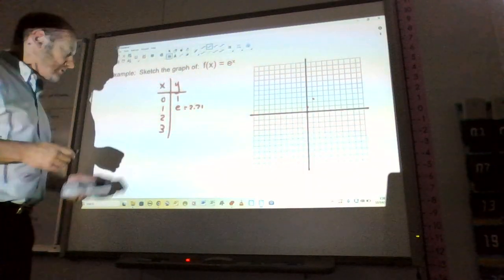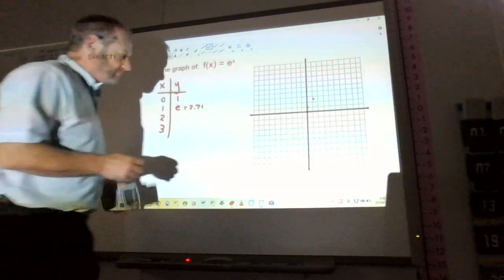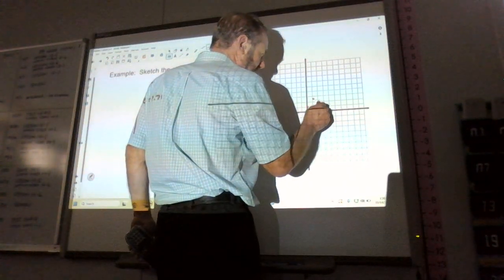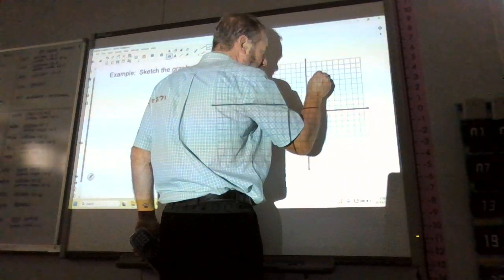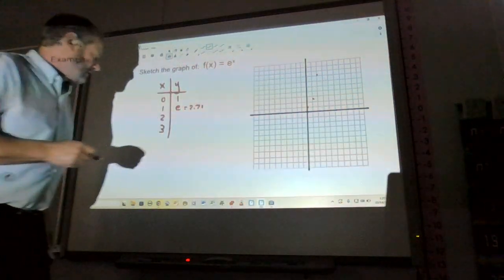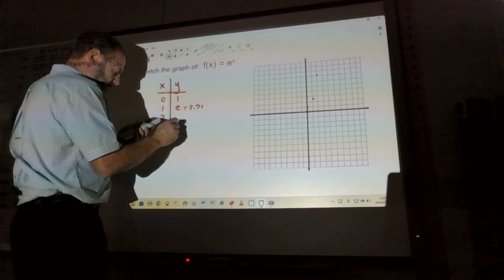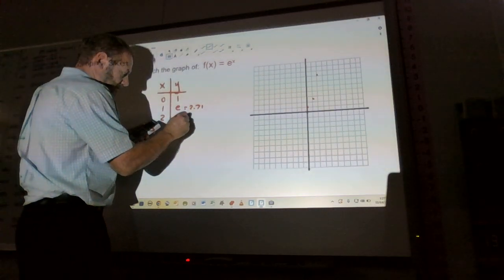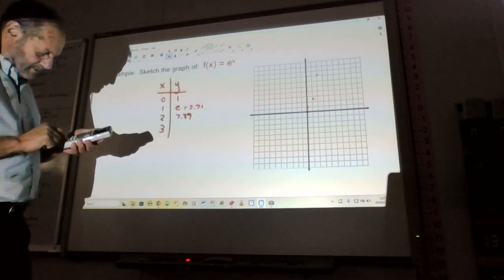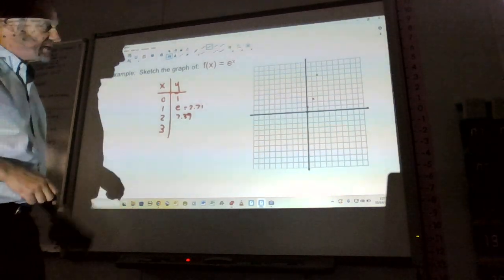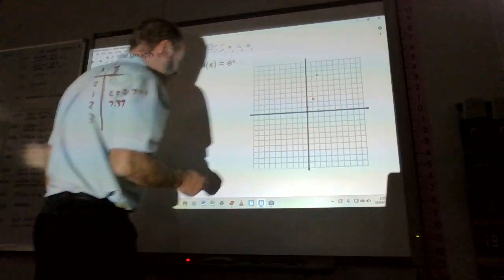And then for 2 we said it was 7.39, so that's going to be right about there. Let's see, e to the third power is about 20, so we're going off the graph really fast. Let's go the other way.